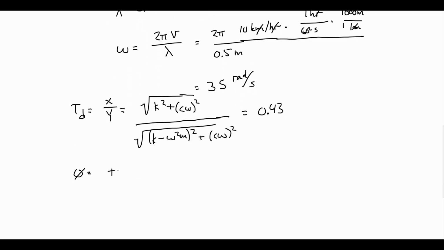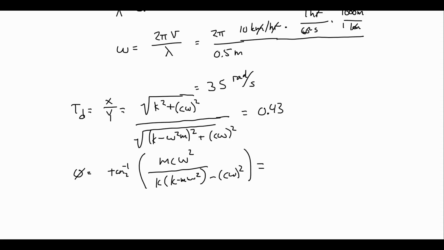So we want to use the 4-quadrant arctangent here of m c omega cubed over k minus m omega squared minus c omega squared. Again, at this point we know all of those values, so just plugging everything in, we get a phase of 1.88 radians.